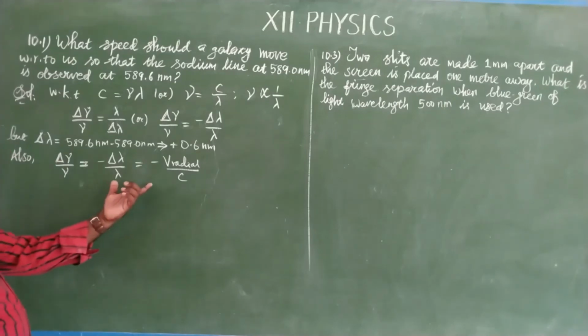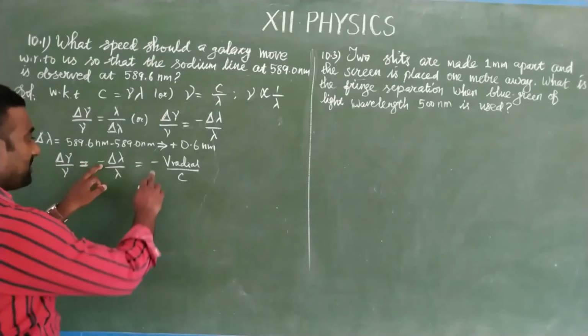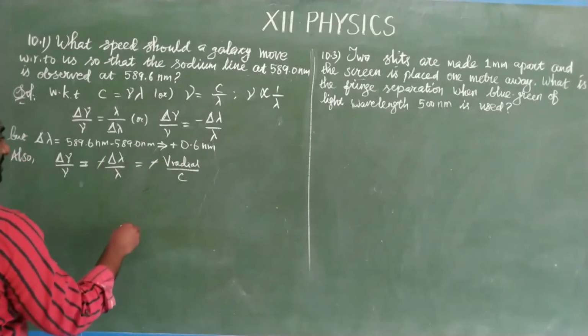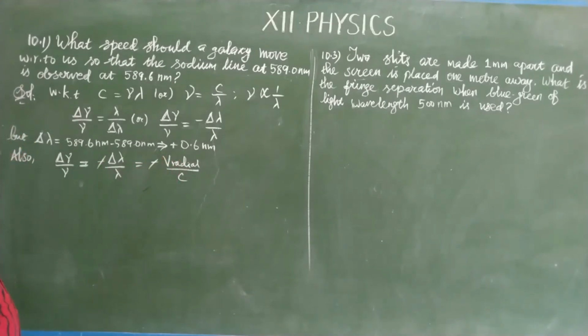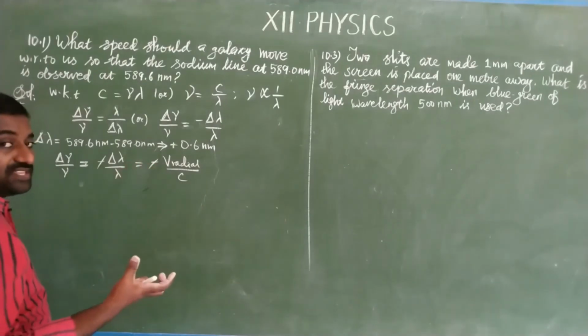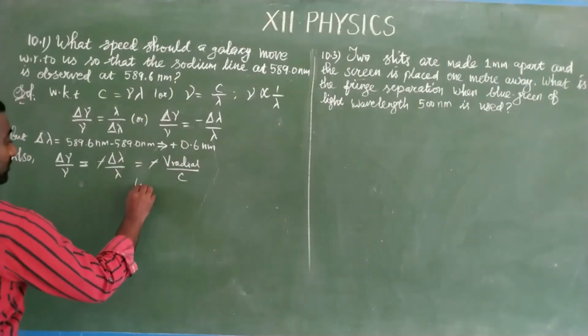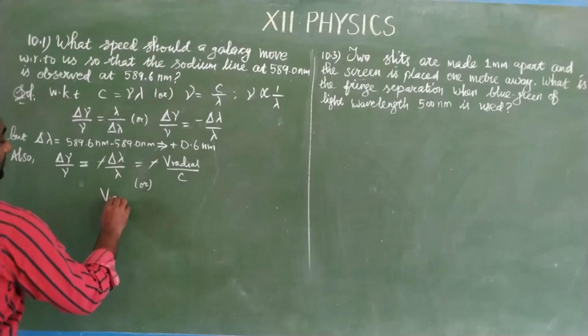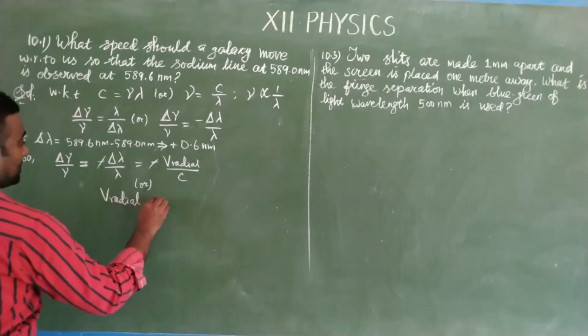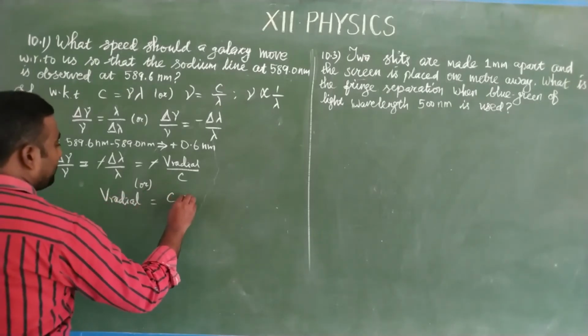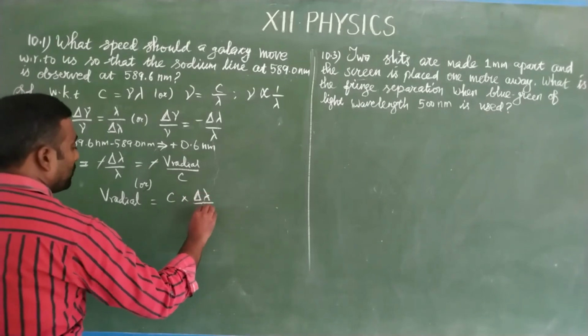Now compare these two equations. On comparing, minus and minus on both sides are common, so we can eliminate. We want the radial velocity, that is, how much speed the galaxy is moving. Therefore the radial velocity is the speed of light times the change in wavelength from the original wavelength.